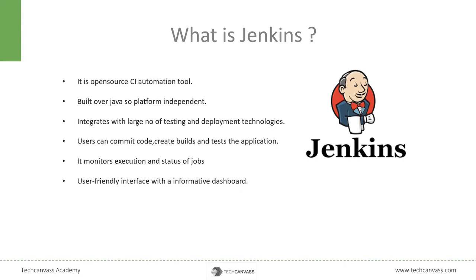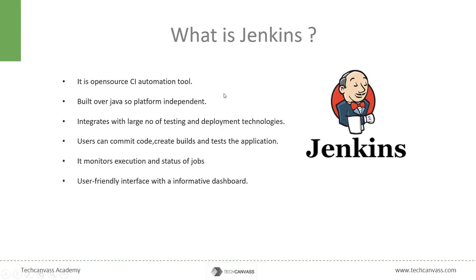That is, it can be deployed over Windows or Linux or Ubuntu, etc. It is a highly extensible product as its functionality can be extended through a variety of plugins. For example, Ant, Maven, Shell, email notification, and the list is long. So this is about Jenkins.